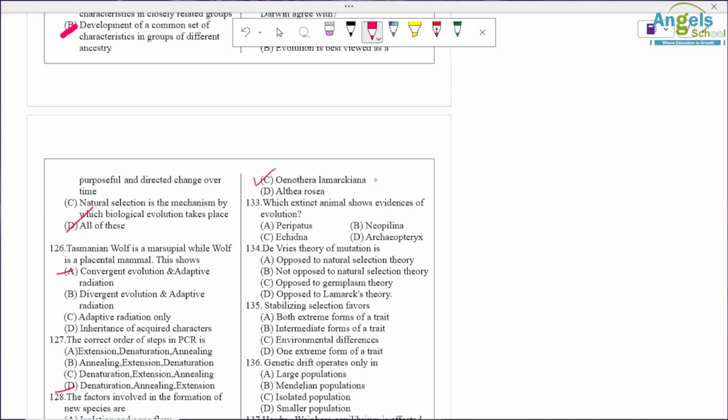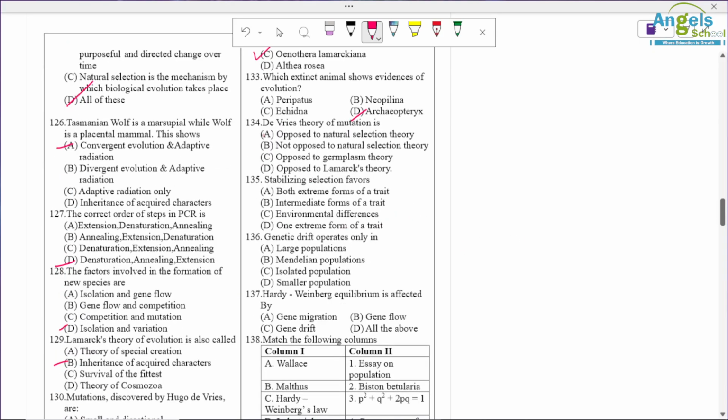Which extinct animal shows evidence of evolution? So Archaeopteryx is the correct answer. De Vries theory of mutation is not opposed to natural selection; it is opposed to germplasm theory and opposed to Lamarck theory. So it is not opposed to natural selection theory.